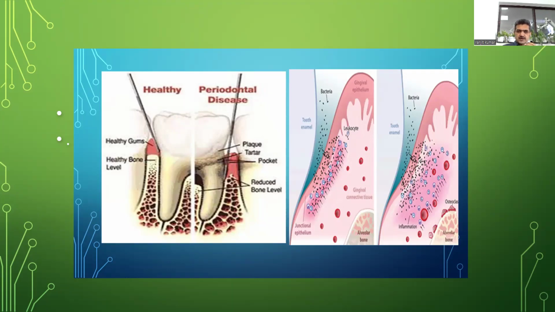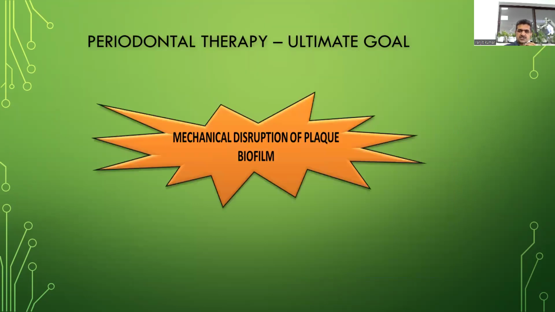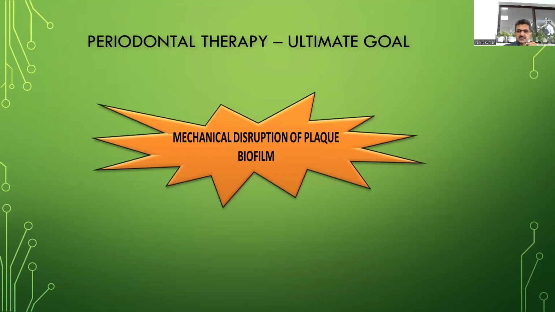In periodontitis, we have anaerobic bacteria flourishing in the periodontal site, along with the subgingival environment, which is ideal for anaerobic pathogenic bacteria, and the anatomical root structure, which has dilaceration, fusion, and hypercementosis. All these factors add additional benefits for the anaerobic bacteria to flourish in the periodontal site.